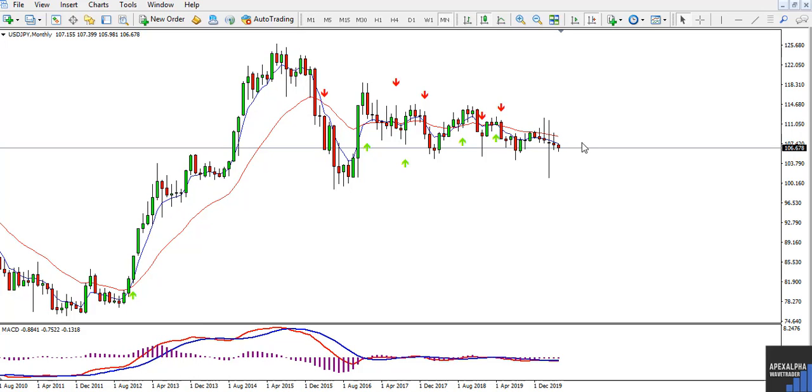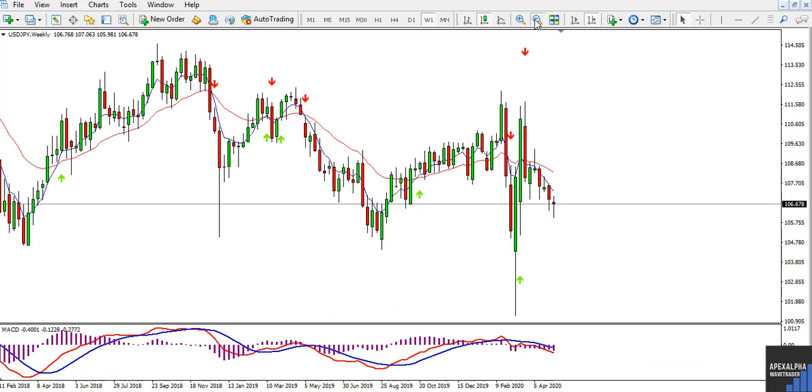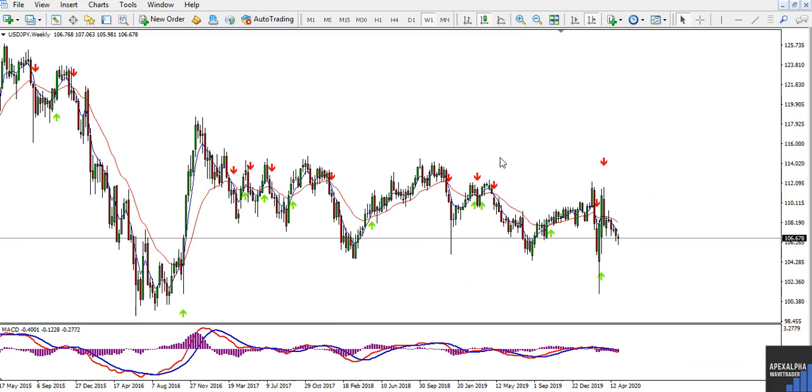Here where the market is currently seems to be a very strong area of support on the monthly chart. If I go down to the weekly chart and have a look again, you can see that we are at a region or close to a region of extreme support.